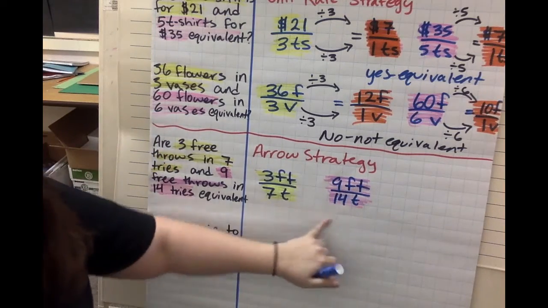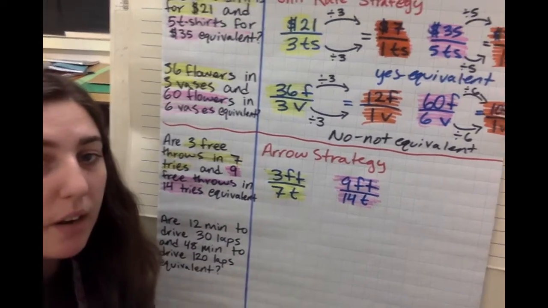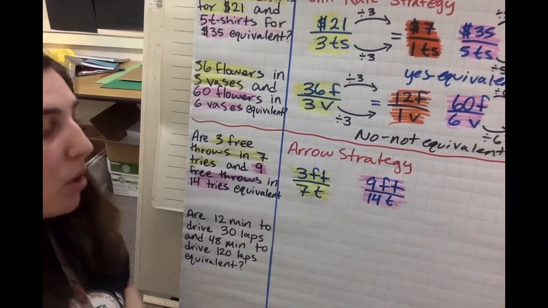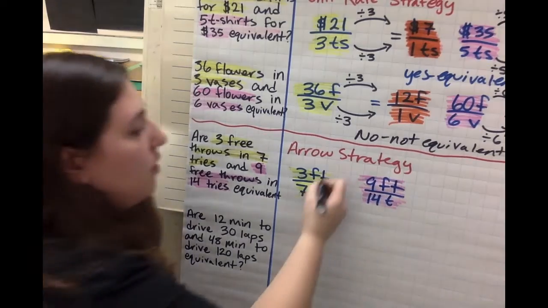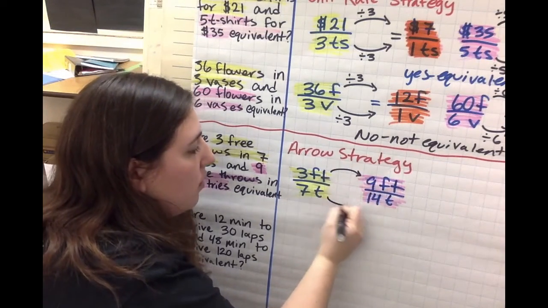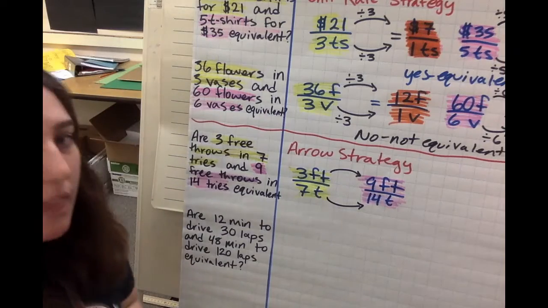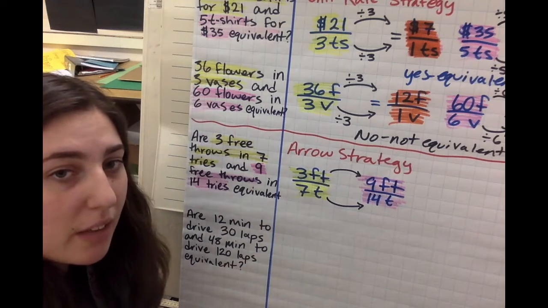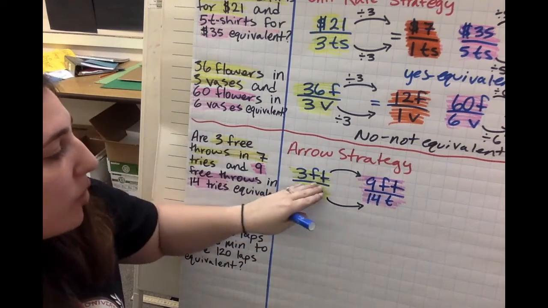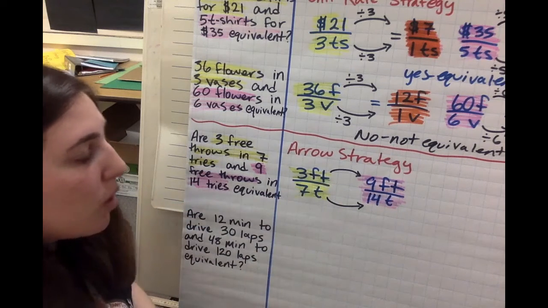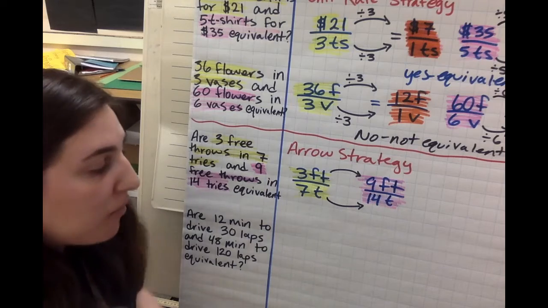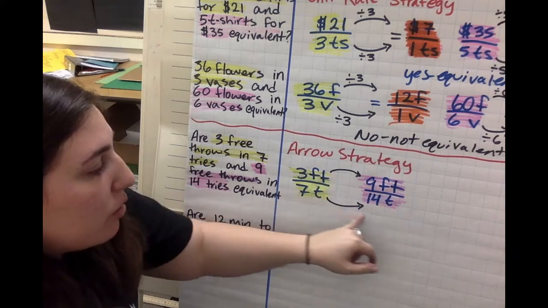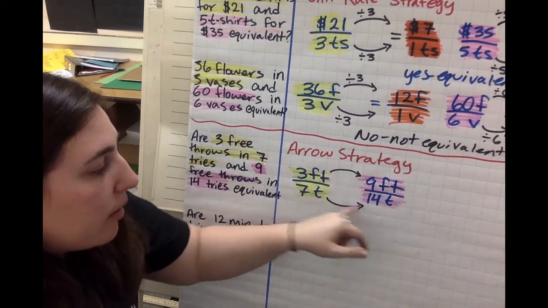Okay, so I have my different rates. Now I'm going to start comparing them. To compare them, I'm going to use the arrows that I was talking about. So the arrows, they look like that, but what I'm comparing on the arrows are what I have to multiply or possibly divide, but most likely it'll be multiply, what I have to multiply on each arrow so that I get the number across.